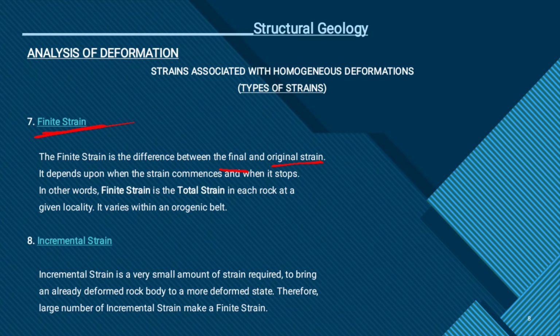It depends upon when the strain commences and when it stops. In other words, finite strain is the total strain in a rock at a given locality. It varies in an orogenic belt.